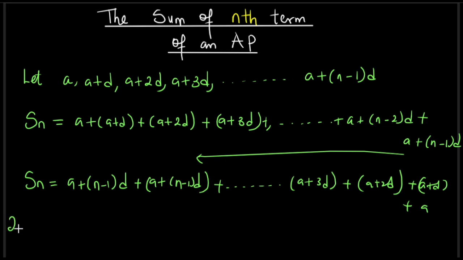For example, if I have 2Sn, let's do it here. This is the first one here, and this is the first one here. If you are to add these two together, they have like terms. a plus a will give me 2a. Then this is another one, then plus (n minus 1)d.